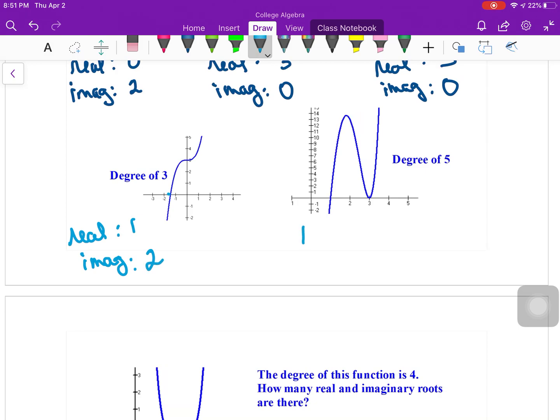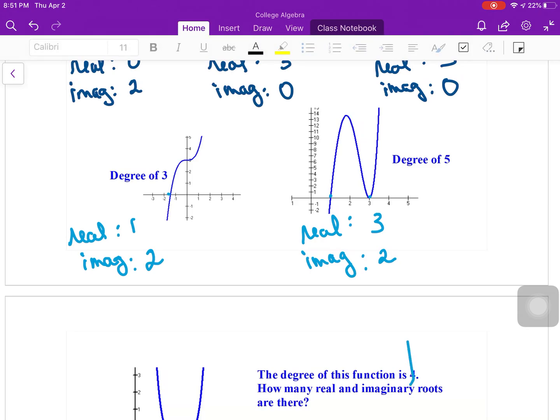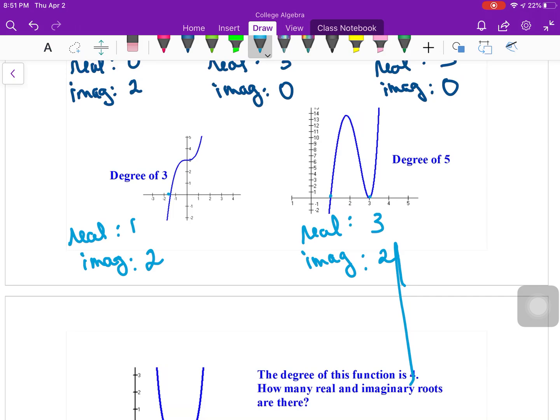So since it's a degree of 3, the remaining 2 must be imaginary. Notice my imaginaries always come in pairs. Here I have 1 real, and then here I have a double root, so that's a total of 3 real. So the other 2 must be imaginary.